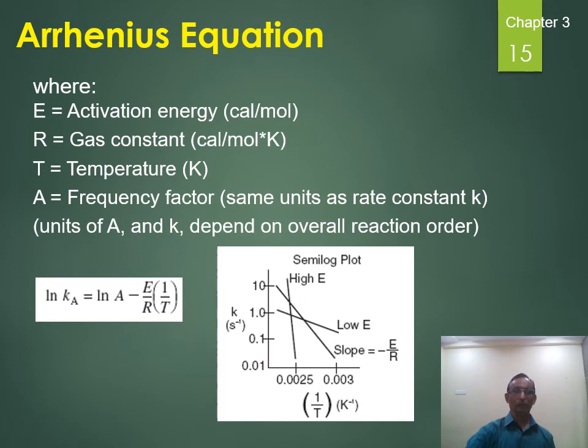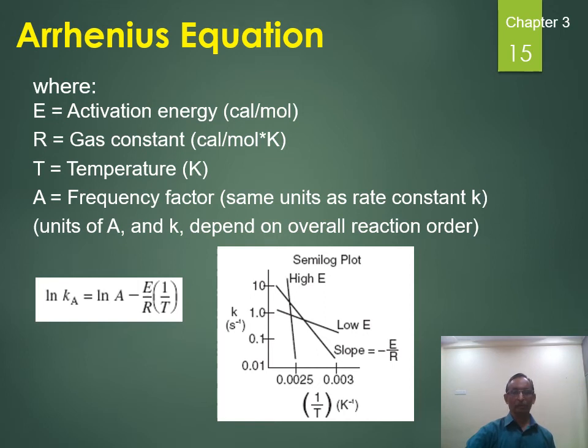Just now I told you that to find the energy of activation, you have to take the log on both sides of that equation, that is ln k equals ln A minus E by R into 1 by T. Then compare with the straight line equation, y equals mx plus c.